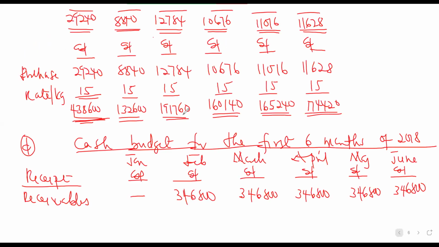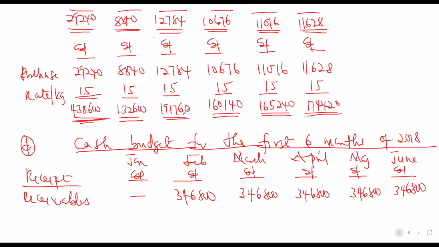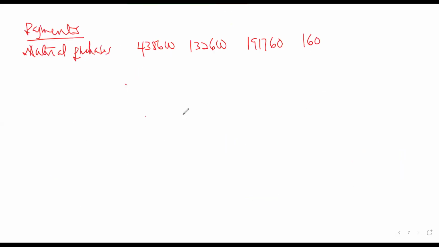So we have 43,8600. That is the figure there. We have 132,600. Okay, March will be what? 1917. Okay, 760. And this will be 160, 140.